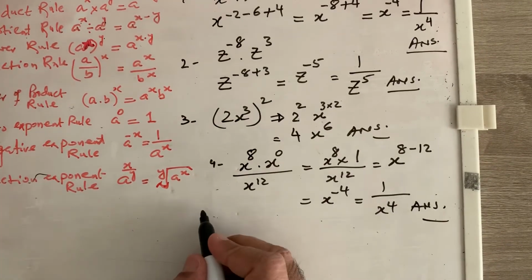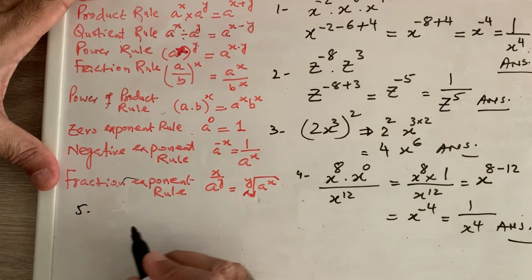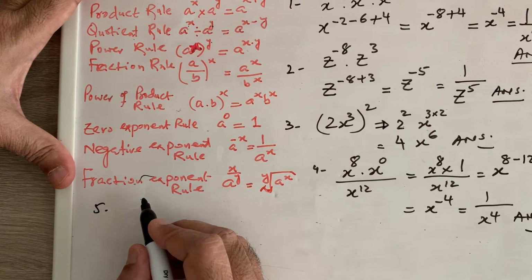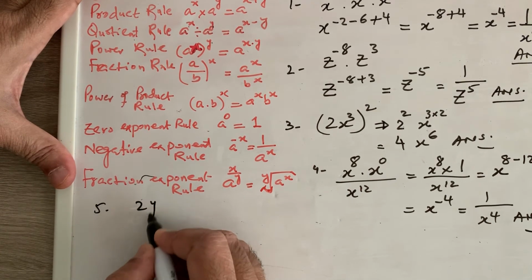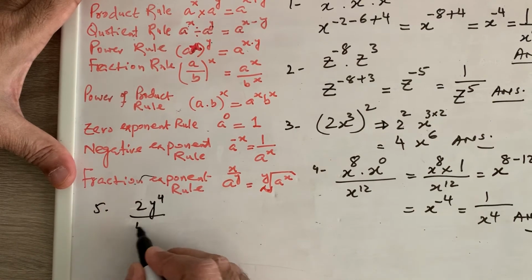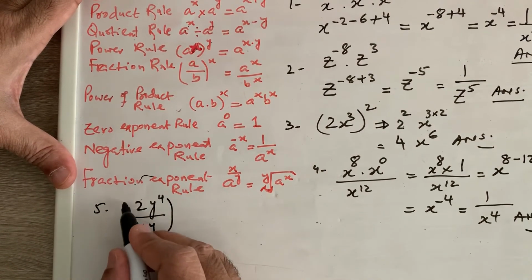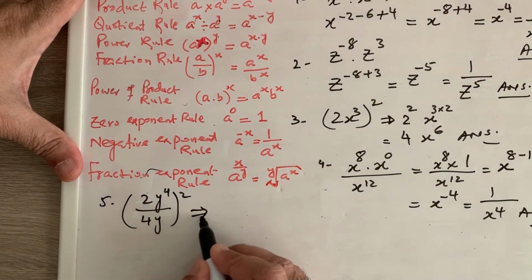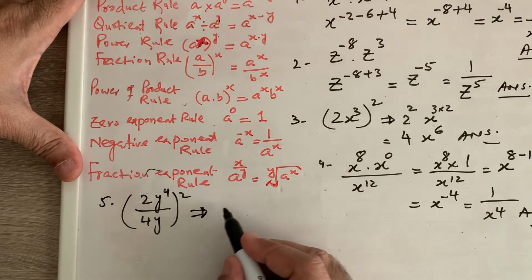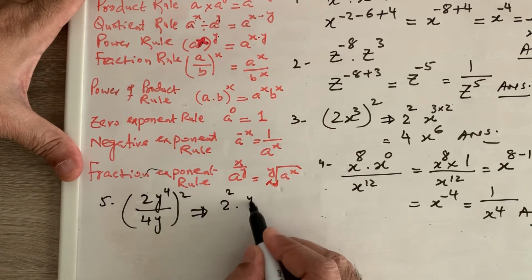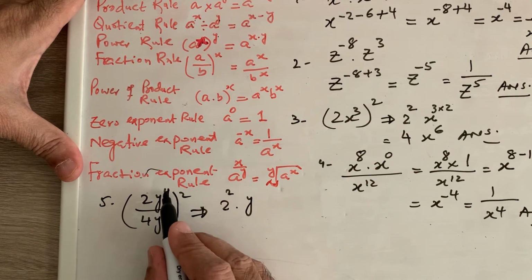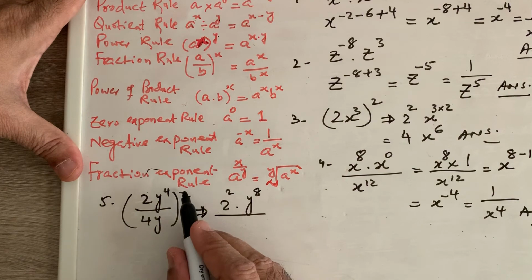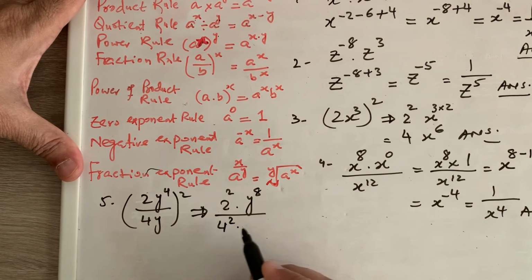Now take another example, number 5. Maybe we can take (2y to the power 4) over (4y to the power 2), with the whole numerator and denominator squared. According to the rules we learned, 2 to the power 2, y to the power 4 times 2, which is 8, over 4 to the power 2, y to the power 2.